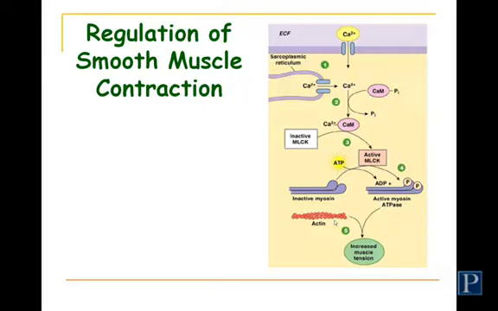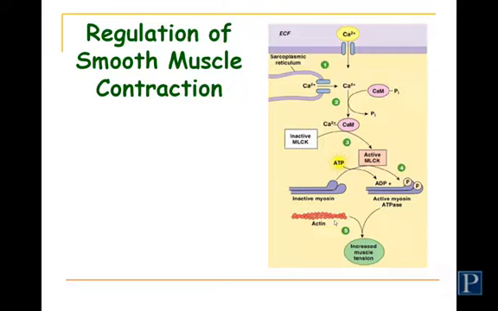After this point, it's going to be exactly what you saw in skeletal muscle. But the only way myosin can bind to actin is if the myosin light chain is phosphorylated. Otherwise, it won't happen. So, big difference here. Regulation of contraction of smooth muscle requires calcium calmodulin.